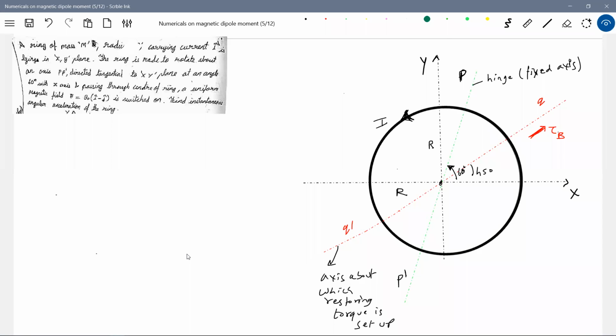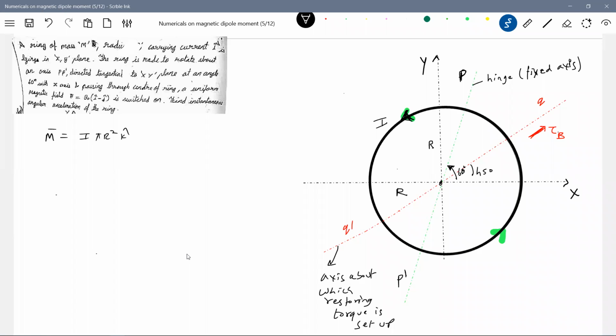We'll calculate the dipole moment first. There's a direction of current flowing. So what is the dipole moment? M bar is equal to I into pi r square k cap.